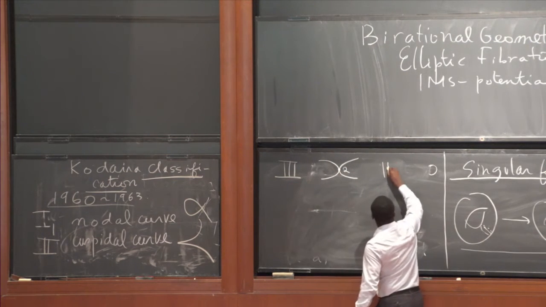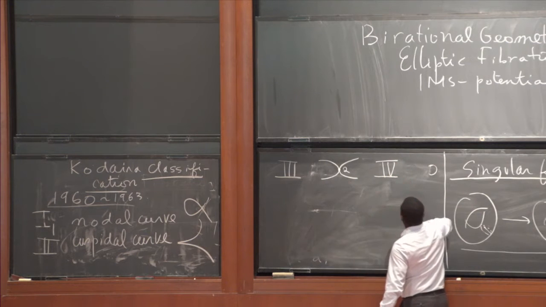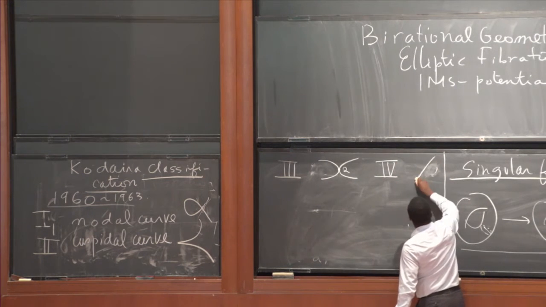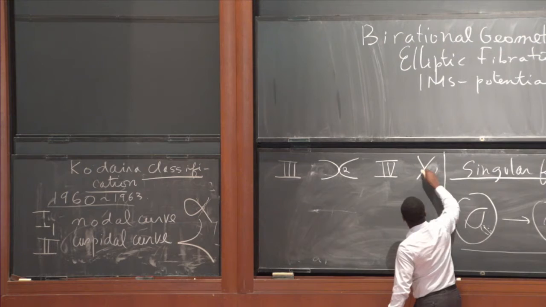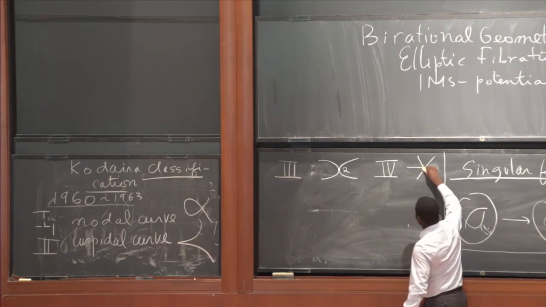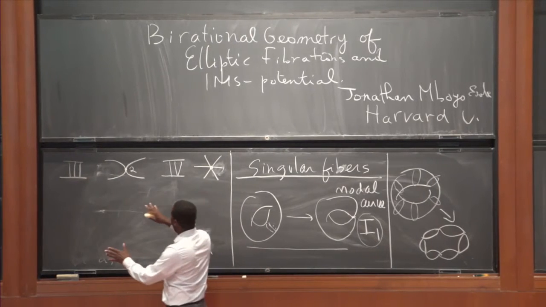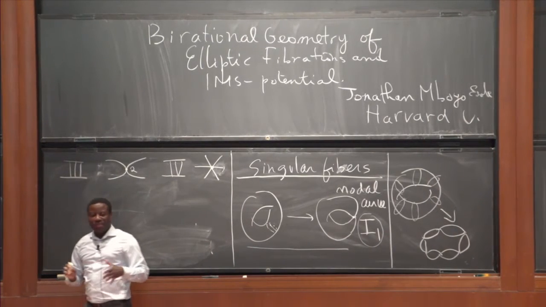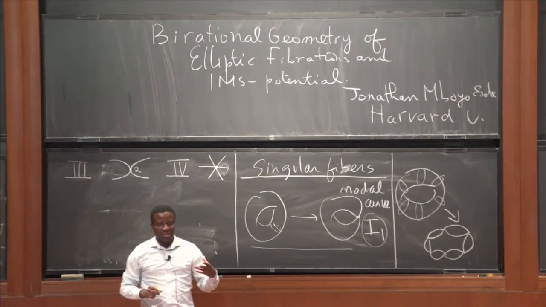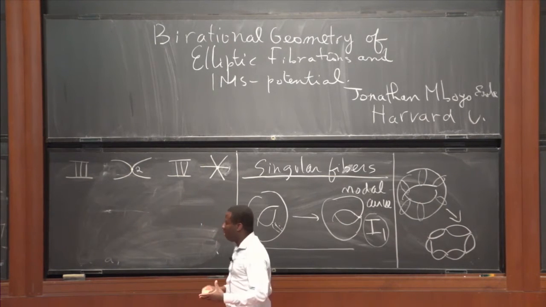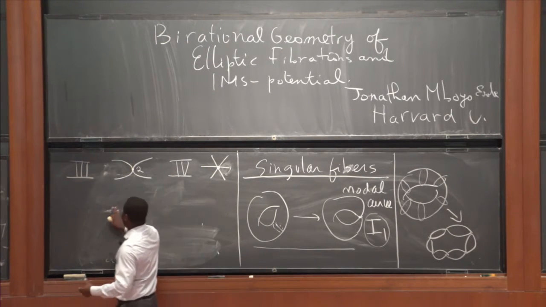Then you have the fiber of type 4, which consists of 3 curves that intersect each other at the same point. These 4 that I drew here are of a special type because they are not naturally associated with a Dynkin diagram. The following are much more interesting.